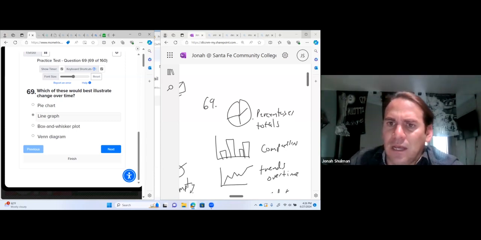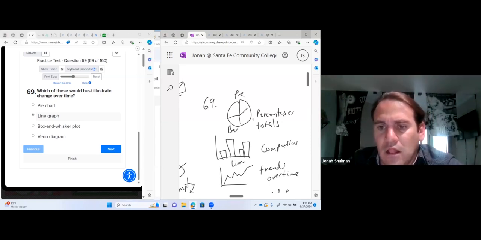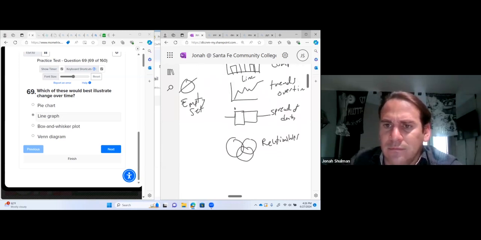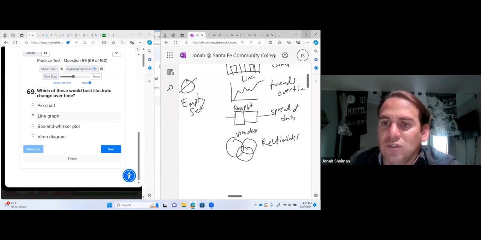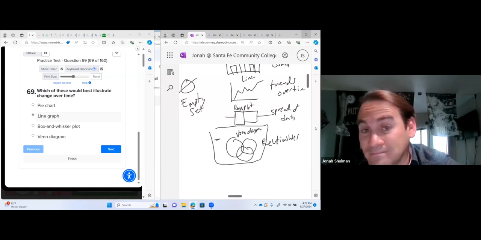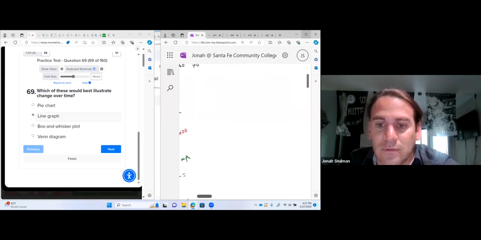So this is your pie, bar, line, your box plot, and Venn diagram. Now the Venn diagram usually has a big box around it because sometimes people don't fall in any of the groups. Just so you know. So, okay, so 69 was B.